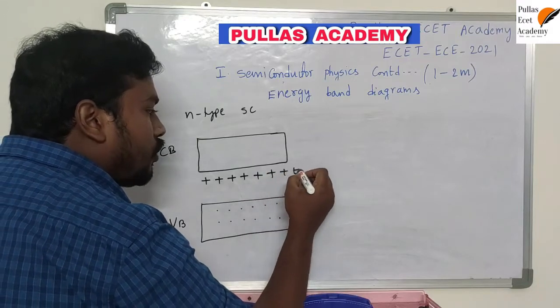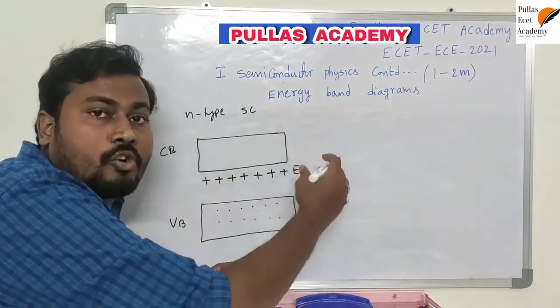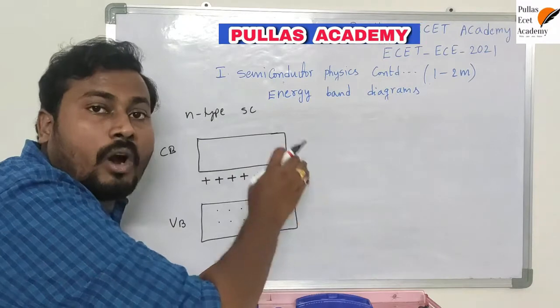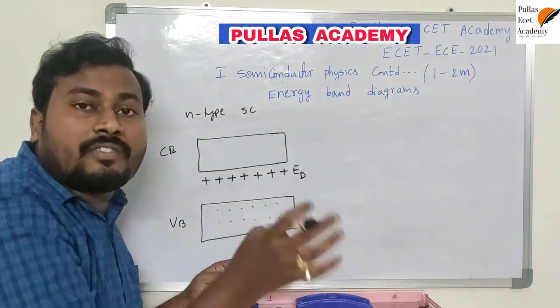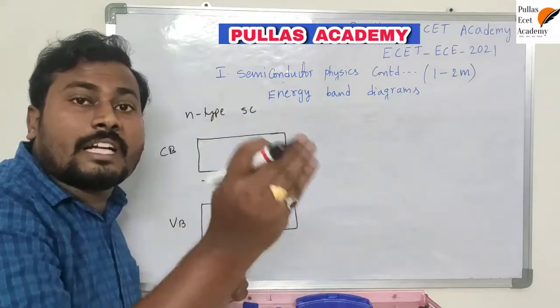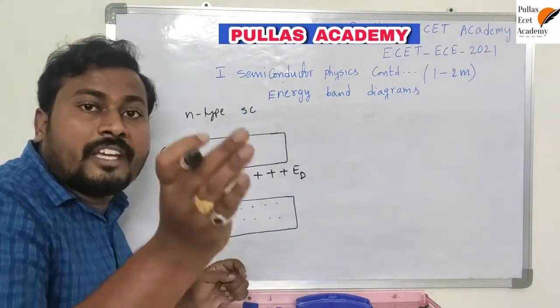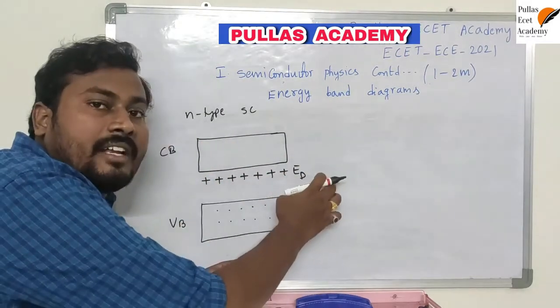This energy level is called donor energy level. So ED is referring to the donor energy level. At this energy level, the fifth electron of each phosphorus atom is staying.